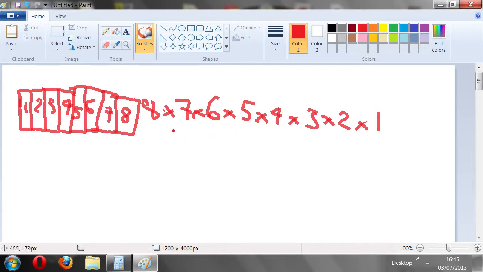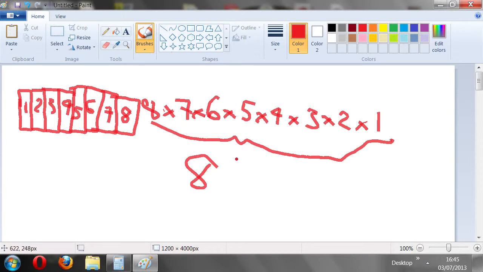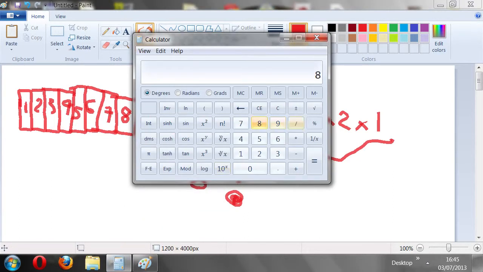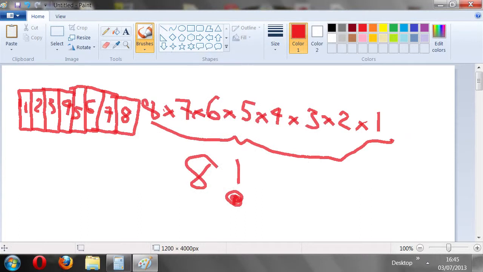And that can be written like this: 8 factorial. So if we try 8 times 7 times 6 times 5 times 4 times 3 times 2 times 1, we get 40,320. Just do 8 factorial, get the same answer. Okay, that's good.